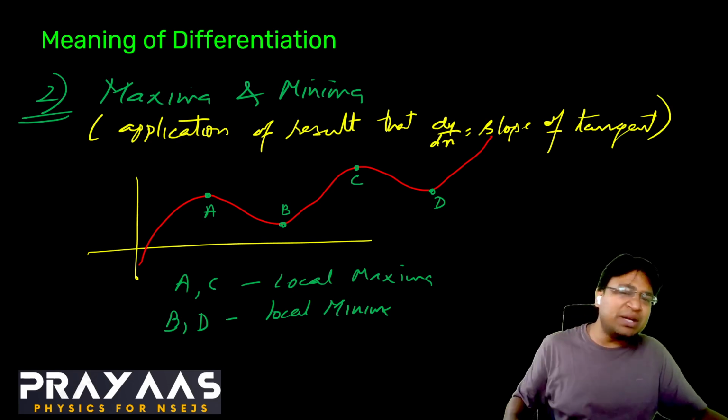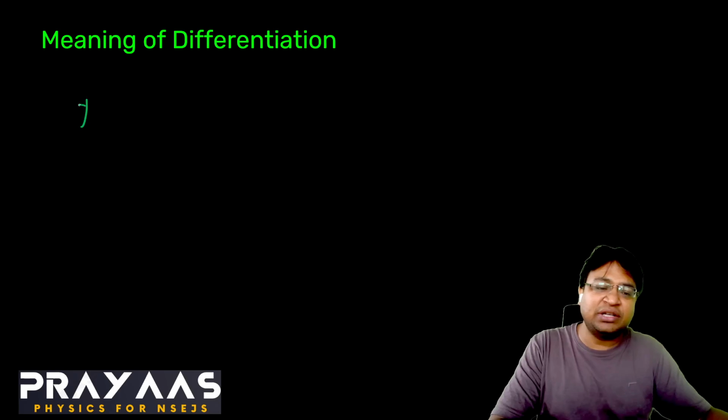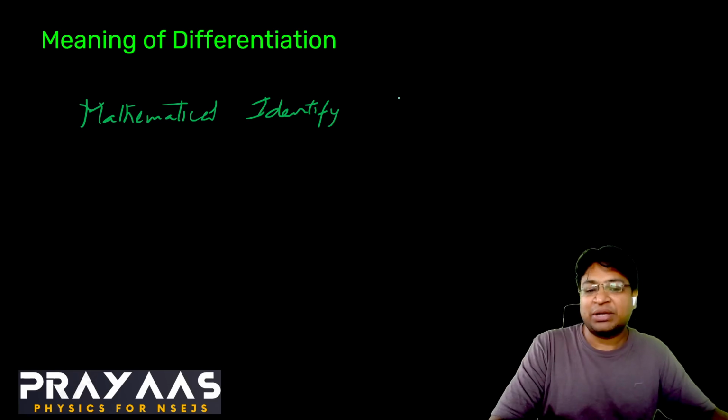But is there any mathematical identity of these points? Yes, both of these have a mathematical identity. How can we identify them mathematically? These are also collectively called critical points.